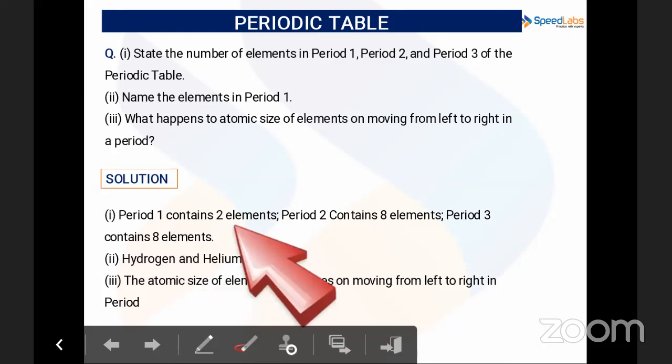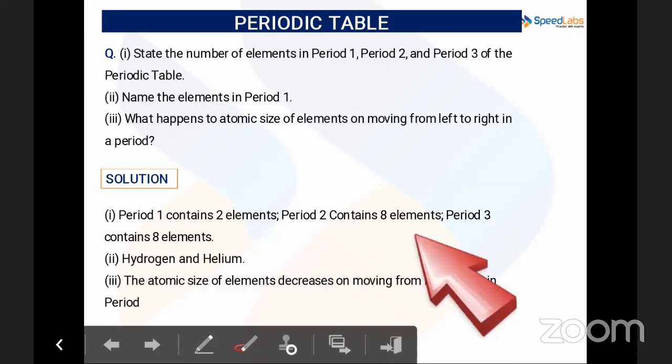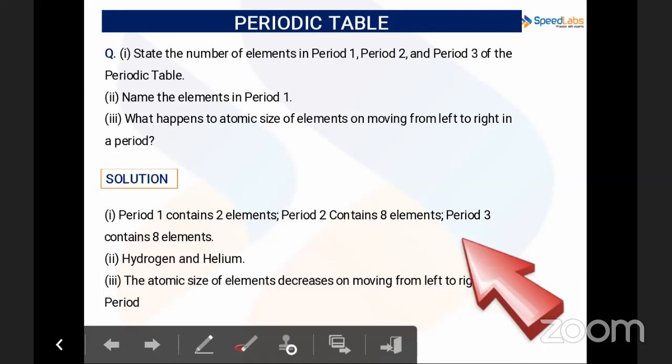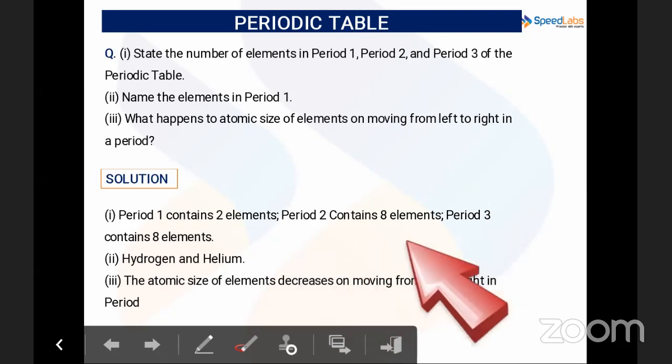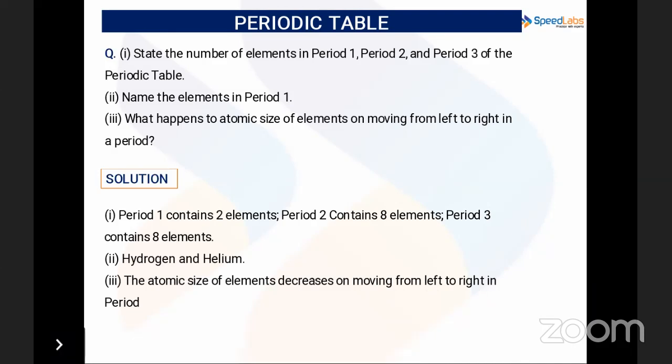Period 2 contains 8 elements: lithium, beryllium, boron, carbon, nitrogen, oxygen, fluorine, and neon. Period 3 contains 8 elements: sodium, magnesium, aluminium, silicon, phosphorus, sulfur, chlorine, and argon.